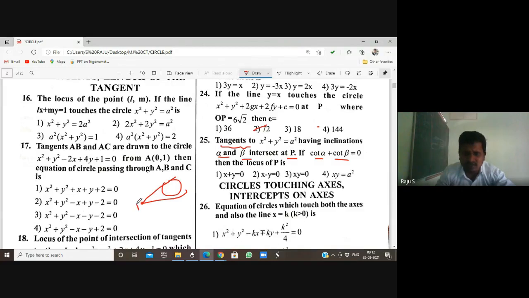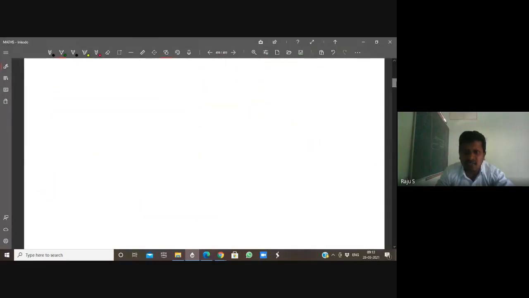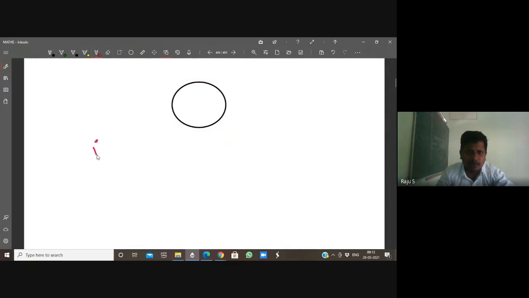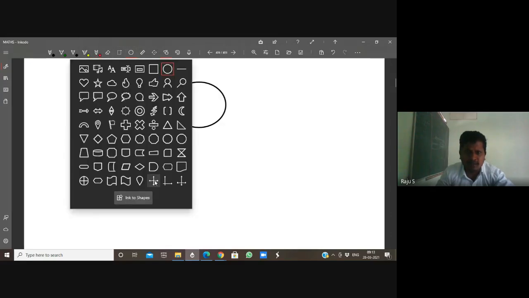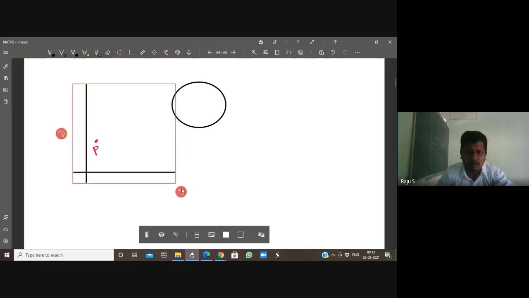So two tangents intersecting at P, nothing but let us take the slope of this. Two tangents. Look at it. Tangent is there, circle is there. I'm taking P being an external point, P being a point here. I'm going to take coordinate axis.